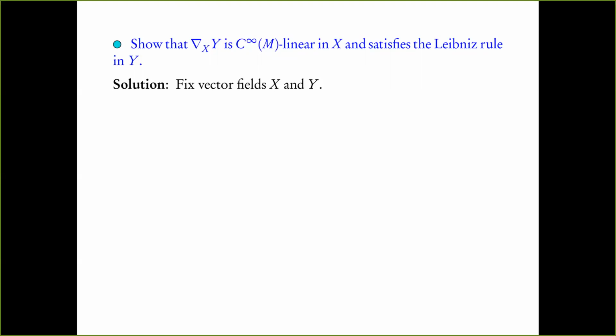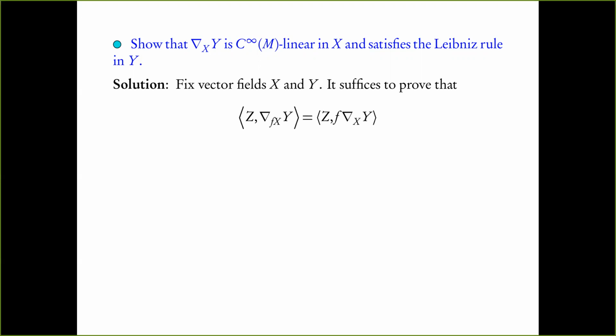Once you verify this, it shows that the operation nabla_X Y defined implicitly via this Koszul formula is actually a connection. So you fix vector fields X and Y. What do you have to show for the first property? You have to show that nabla_{fX} Y is f nabla_X Y. But remember the metric is invertible, so if I can show this equality for all Z, then I'm done.